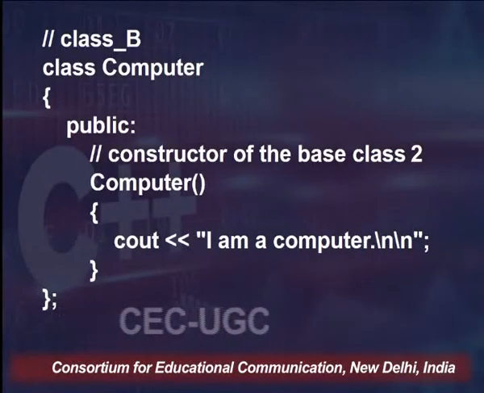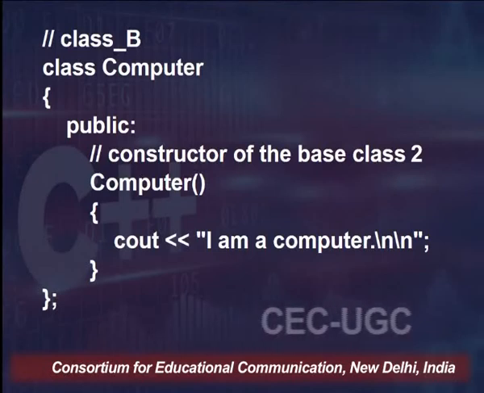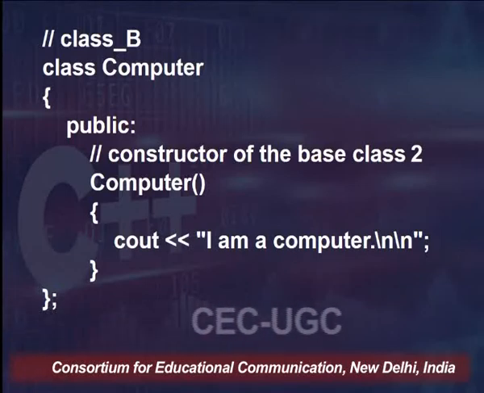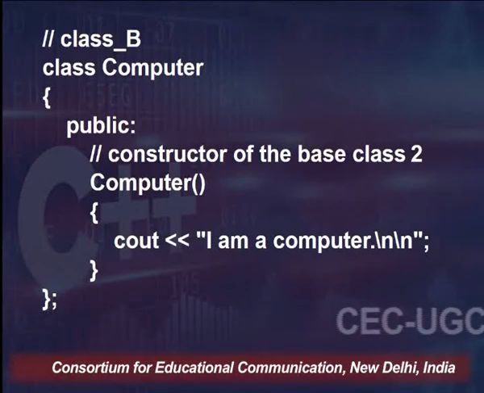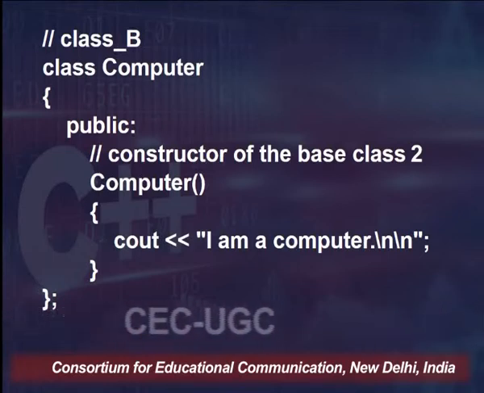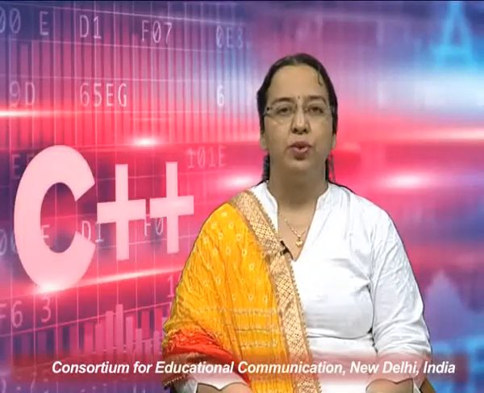Another class is the class computer, which is also having one constructor in public mode, which is computer, and having cout I am a computer as the single statement. Now these are two classes, class electronic device and class computer. We can say the two base classes.